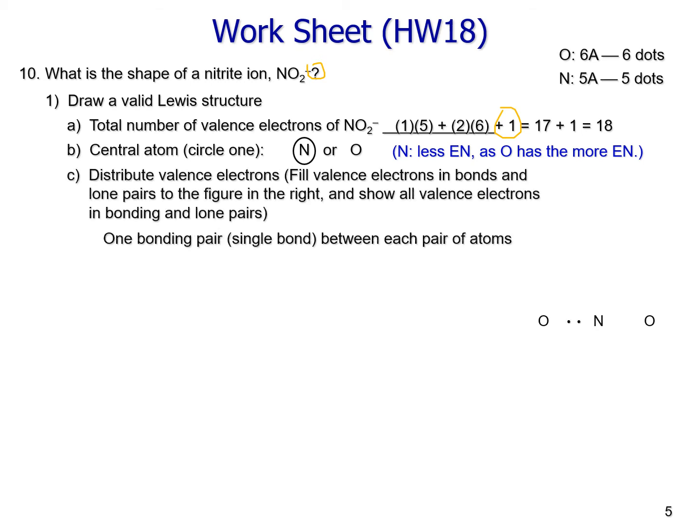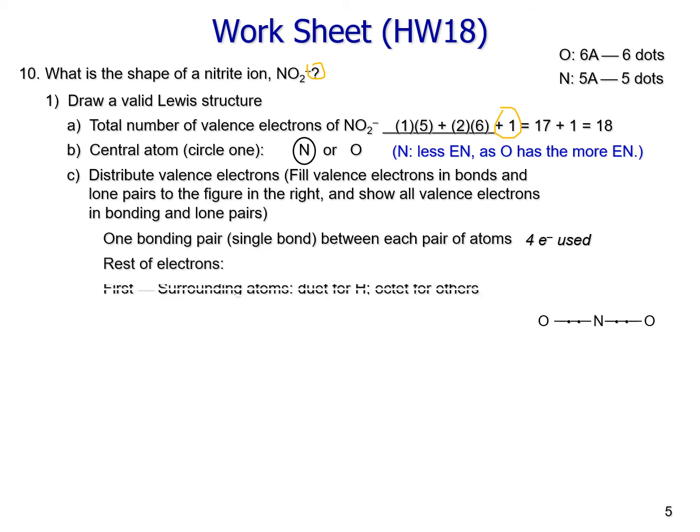As we distribute electrons, we put a single bond between two pairs of bonding atoms. Nitrogen with oxygen on the left, nitrogen with oxygen on the right. We used up 4 electrons. As we try to make an octet for these 2 oxygen atoms, we used up a total of 12 electrons.